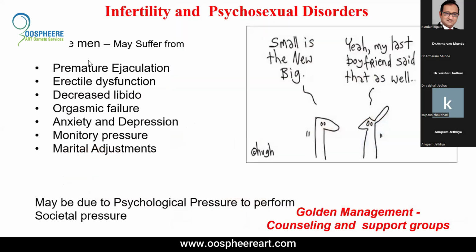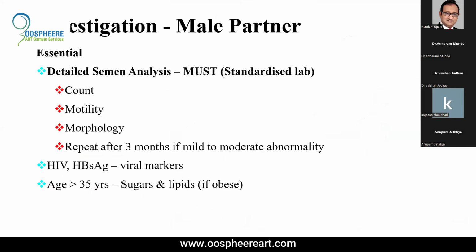Again, once you tell a man that his count is low, we need to work on his psychological aspect, because these are the things that may be precipitated in future life. So he has to be told that a man with a 100 million count may last in the vagina maybe 1.5 minutes, and a man with zero count may do intercourse for 5 minutes. So they are not related to each other.